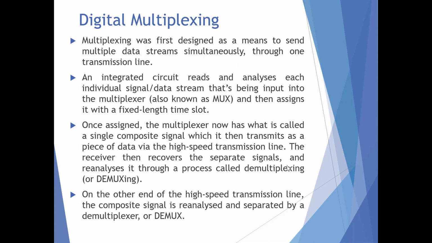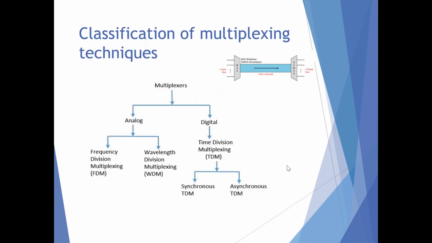Once assigned, the multiplexer has what is called a single composite signal, which it then transmits as a piece of data via the high-speed transmission line. The receiver then recovers the separate signals through a process called demultiplexing. On the other end of the high-speed transmission line, the composite signal is reanalyzed and separated by a demultiplexer or demux.